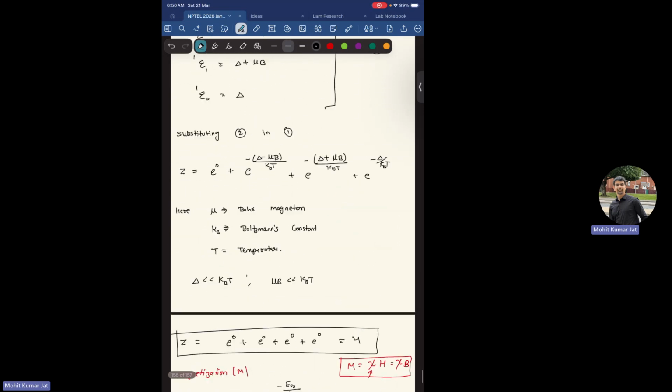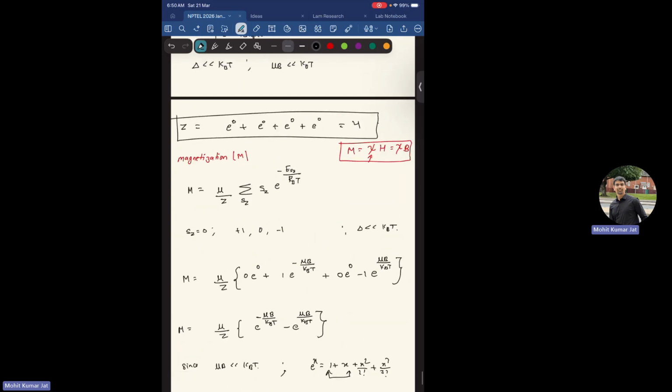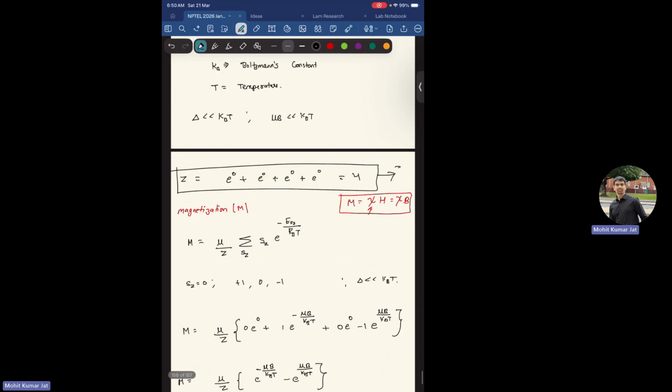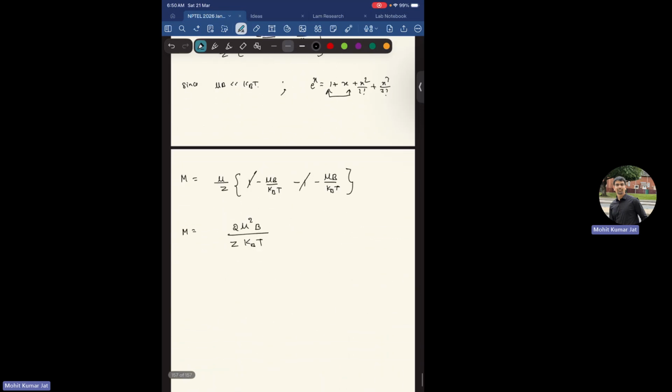This is my equation number 3, and equation number 4.